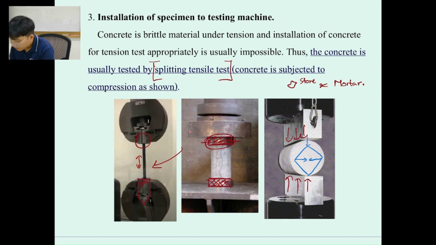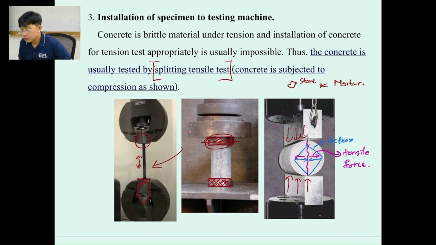Okay, so what happened over here is this blue one is the action, and the reaction of the concrete itself is going to try to resist this. Lastly, it's going to break apart into pieces like this. So the stress that it tries to react to the action force is going to be the tensile force.